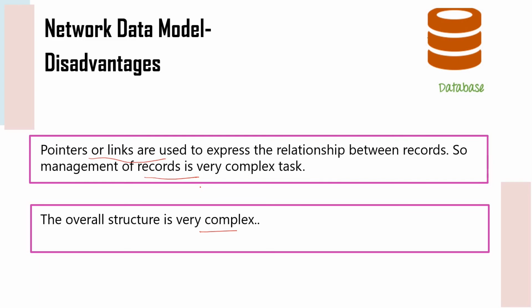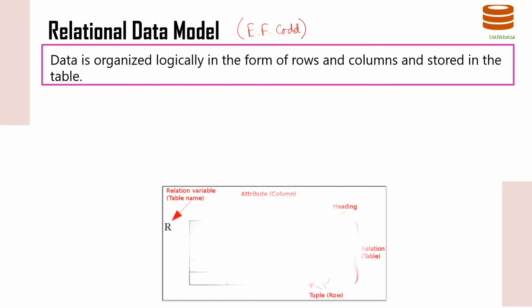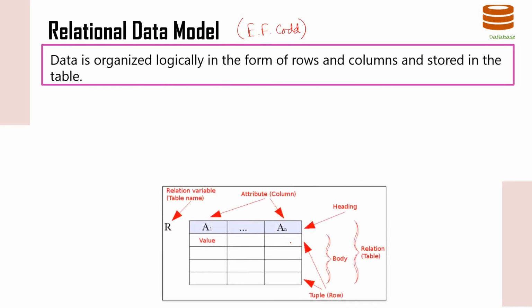That's why we had to discard the network data model, and ultimately E.F. Codd gave a very simplistic solution which was called the relational data model. You can see from this diagram that data is organized logically in the form of rows and columns. This is called a row and this is called a column.